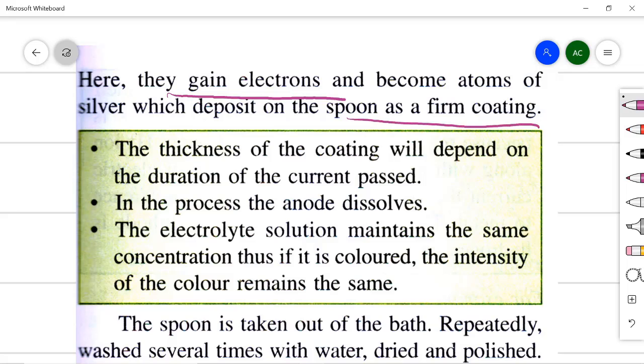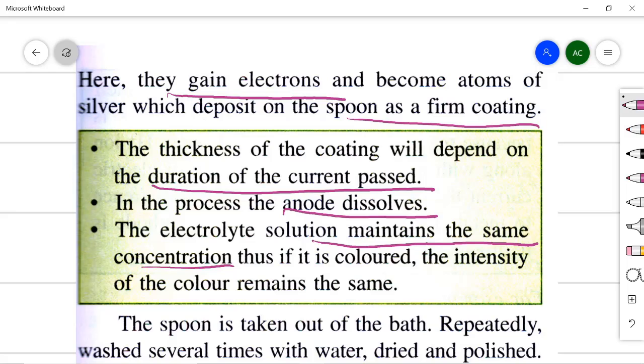Now, the thickness of the coating will depend upon the duration of the current passed. As long as you pass the current, the coating will be thicker. In the process, the anode dissolves, and the ions are deposited on the cathode as atoms. The electrolyte solution maintains the same concentration. The solution has the same number of silver ions, and this happens till the anode is intact.